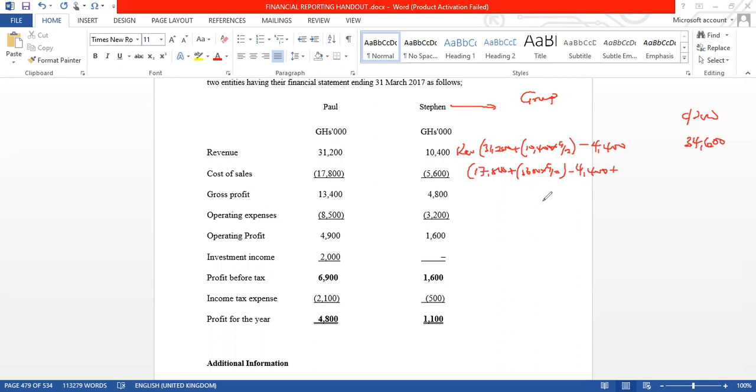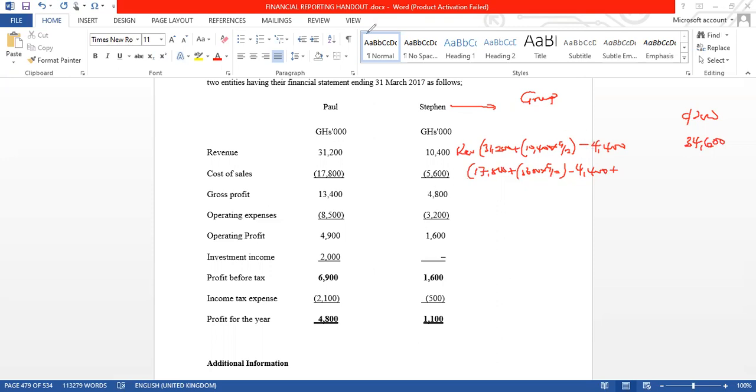How much was our PAP? Can somebody remind me? Yes. All right. So we had PAP and we also had impairment. Don't forget. But the impairment, where were we asked to put it?